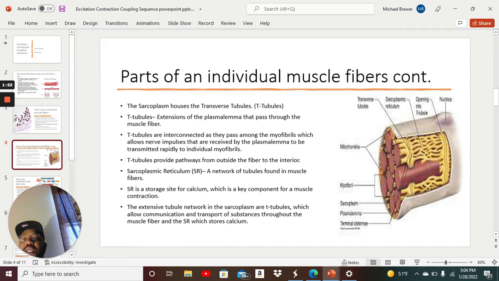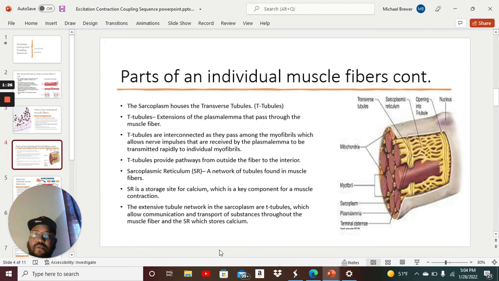The sarcoplasmic reticulum is a network of tubules found in the muscle fibers, right here, up here. And the SR is a storage site for calcium. Calcium is a key component for muscle contraction. And we'll talk about that when we get to the excitation sequence.